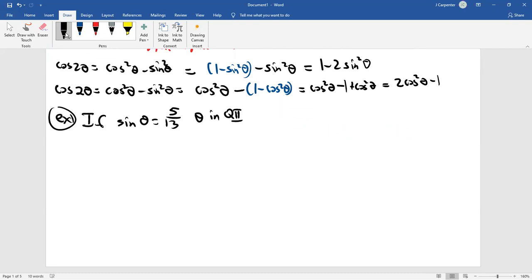I love putting things in quadrant 2. We're going to find A, the sine of 2 theta. I bet you're going to figure out where I'm going with this. B, the cosine of 2 theta. And you guessed it, C, the tangent of 2 theta.